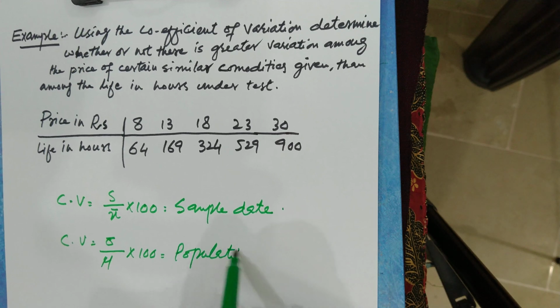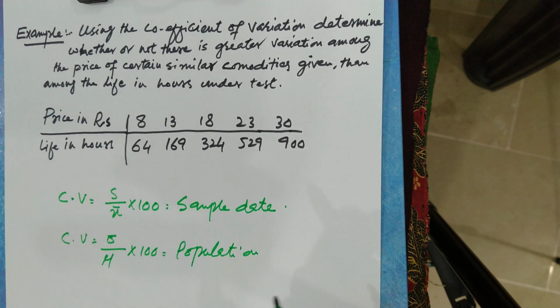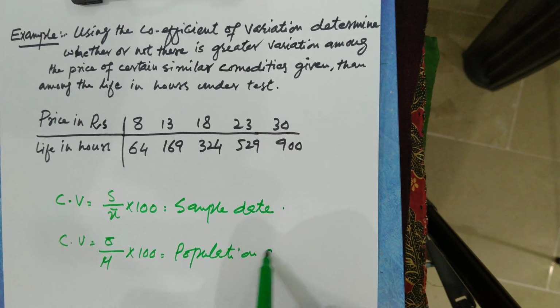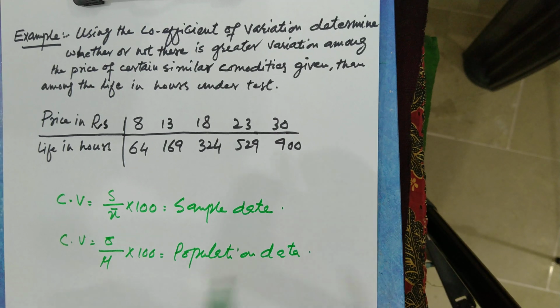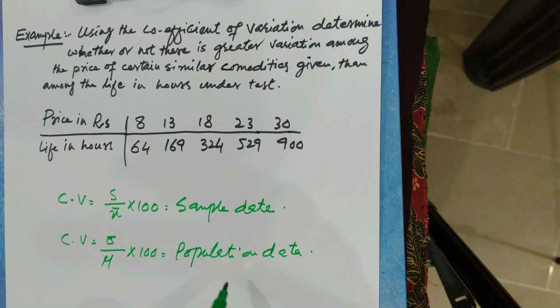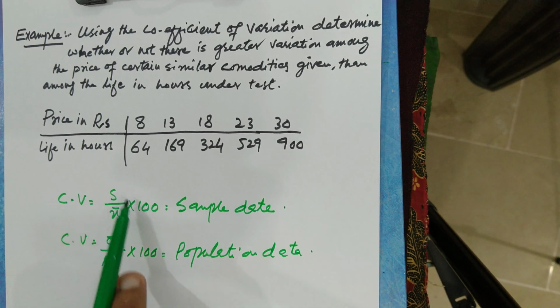A researcher uses sample data because they do not use the population data. They only select samples, then use the coefficient of variation.